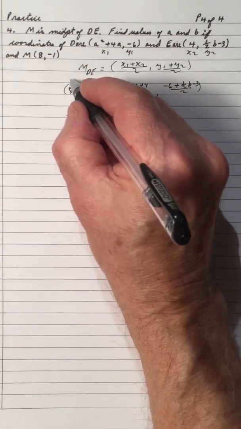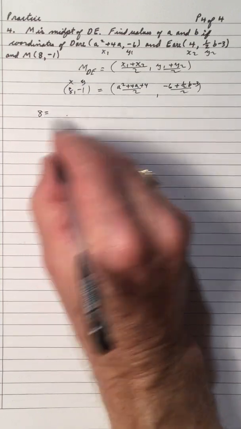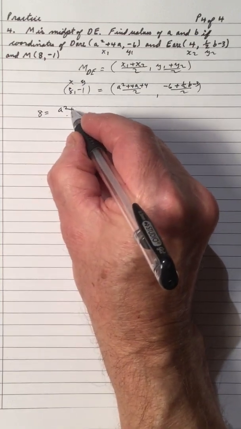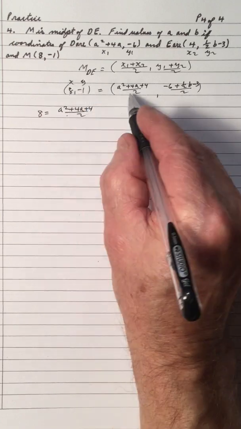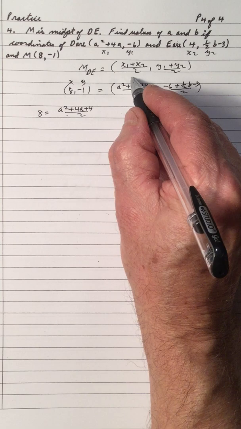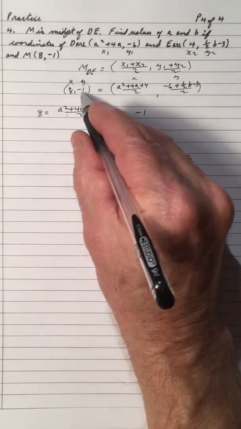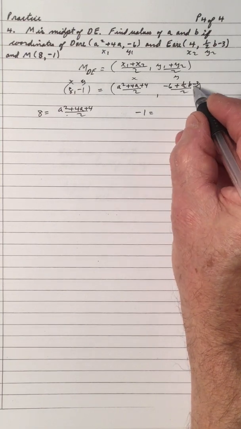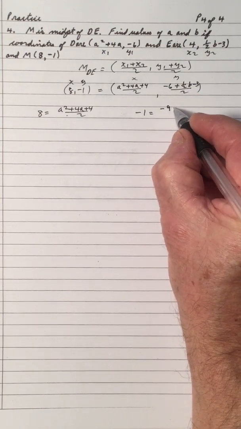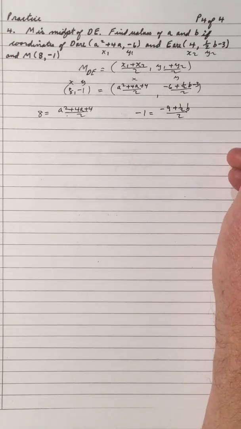So this is the x and this is the y, so that means 8 is equal to a squared plus 4a plus 4 over 2. And negative 1, which is the y, is equal to, and I'm going to add these together now, negative 9 plus a half b over 2, just to save a step.